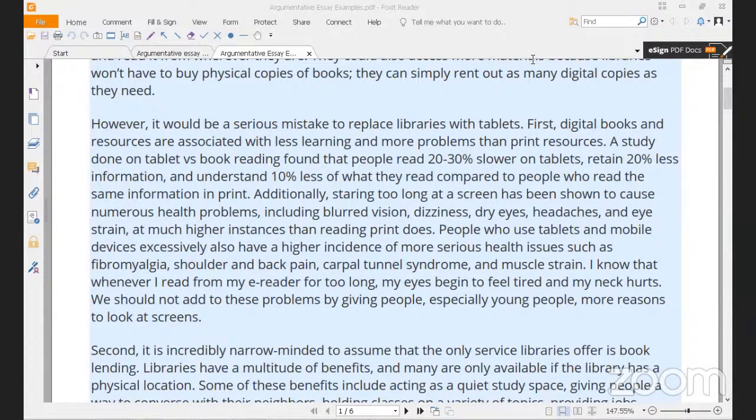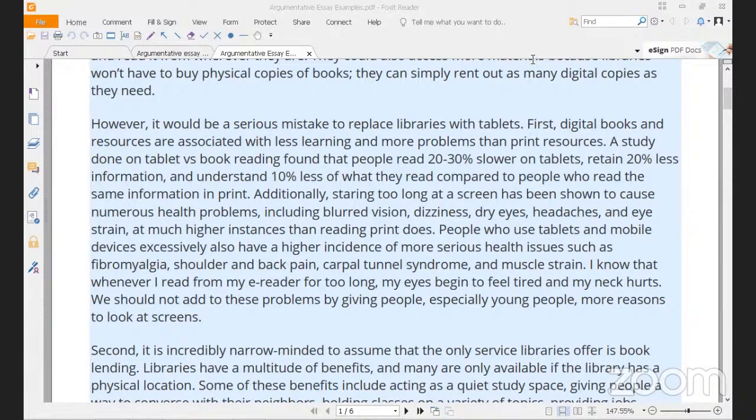Staring too long at a screen has been shown to cause numerous health problems, including blurring vision, dizziness, dry eyes, headache, and eye strain at much higher incidence than reading print does.